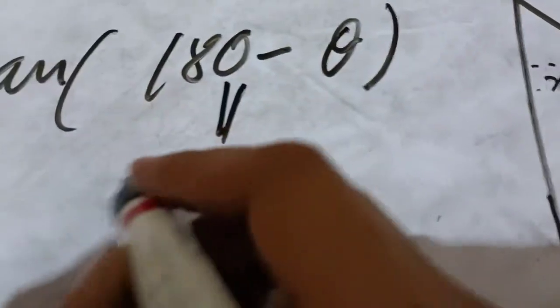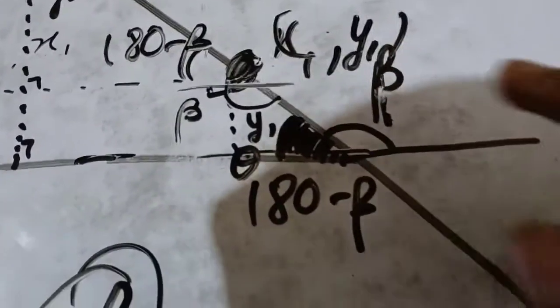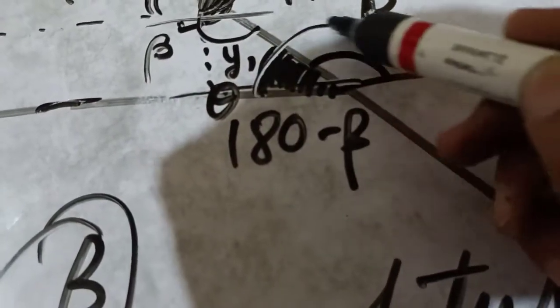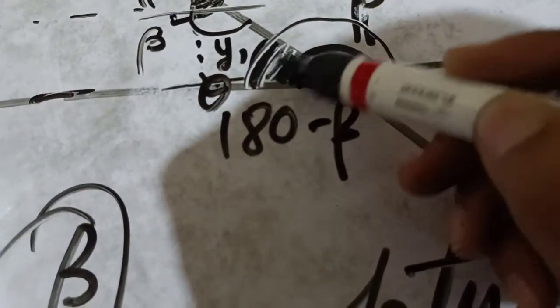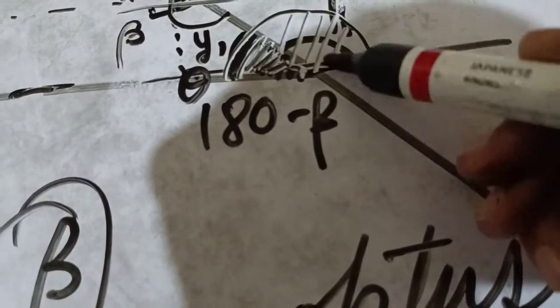Then tan of 180 minus theta is equal to tan beta.